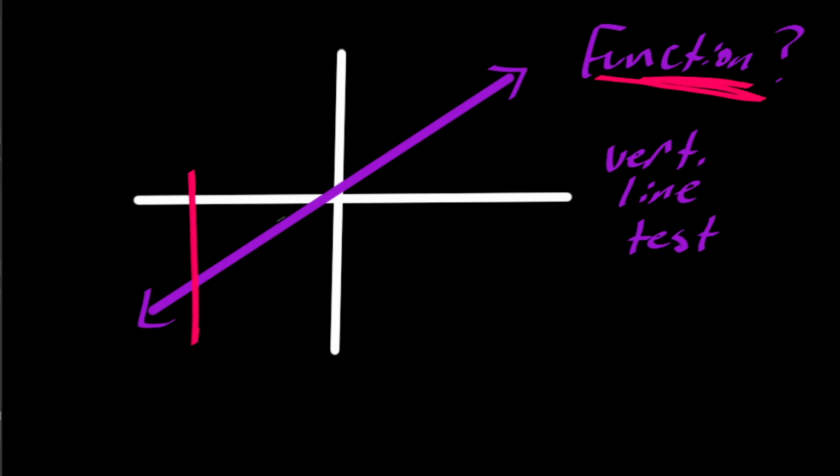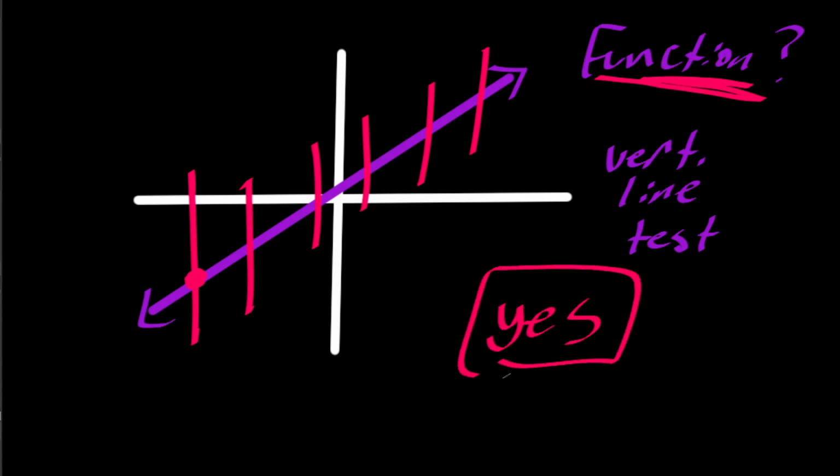I'm not intersecting that at more than one place. I'm only intersecting right here. And I could do that an infinite number of times. I could just keep doing this. And if you look, every single one of those points only crosses my line one time. That would be, yes, that means it passes the vertical line test.